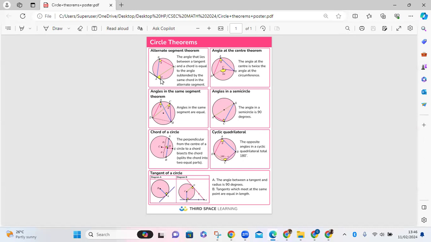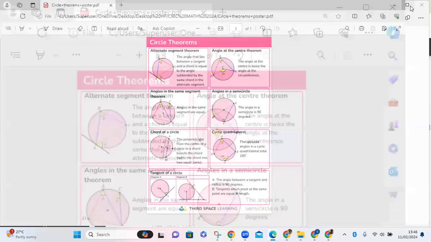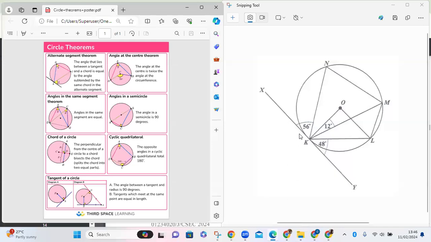Okay? So it's like interior opposite, I normally call it. So you have an exterior angle here and the interior opposite, away from that chord, is equal in size. So if we have a tangent and we have a 56, there must be a 56 inside there somewhere.